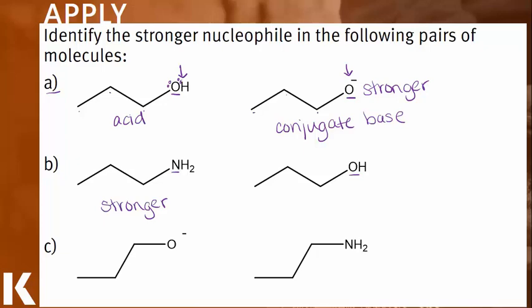All right, one more example. Now here, we've got to think about multiple factors because our molecules here, we have oxygen and nitrogen again, but our oxygen in this case has a full negative charge. So we just said nitrogen will be a better nucleophile than oxygen, but what if we add a full negative charge to that oxygen? Oxygen with that negative charge is not happy.